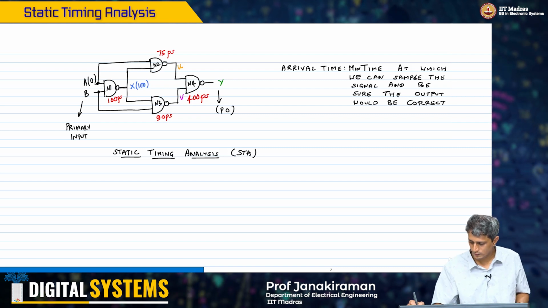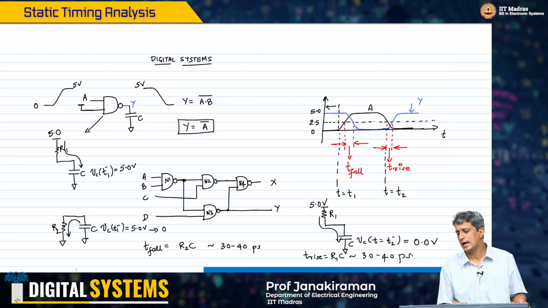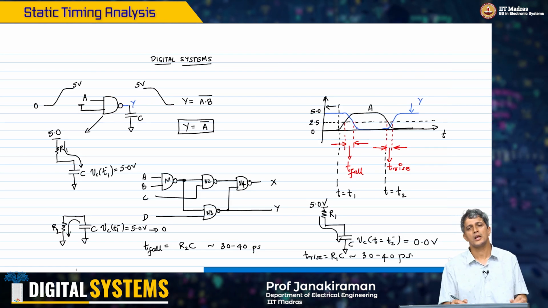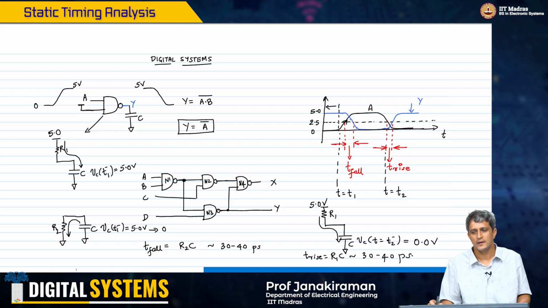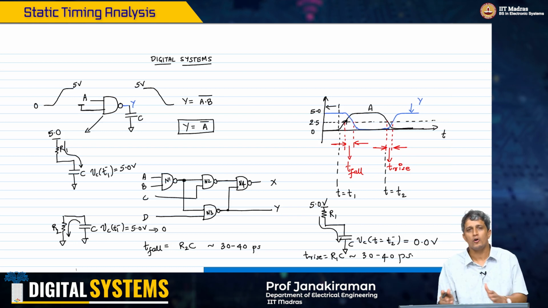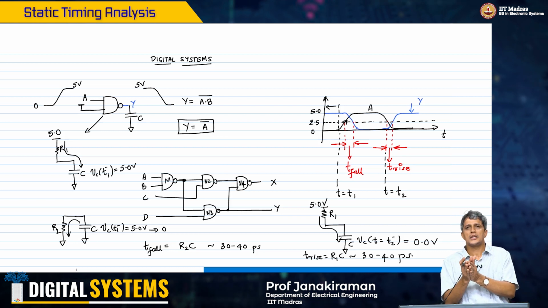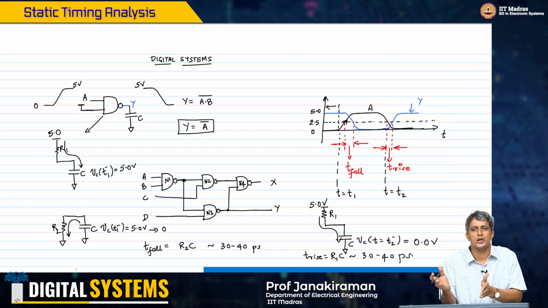So if you look at this NAND gate, what are we saying? If A is making a transition here like this, you cannot sample it before t fall because otherwise you will get a wrong value.